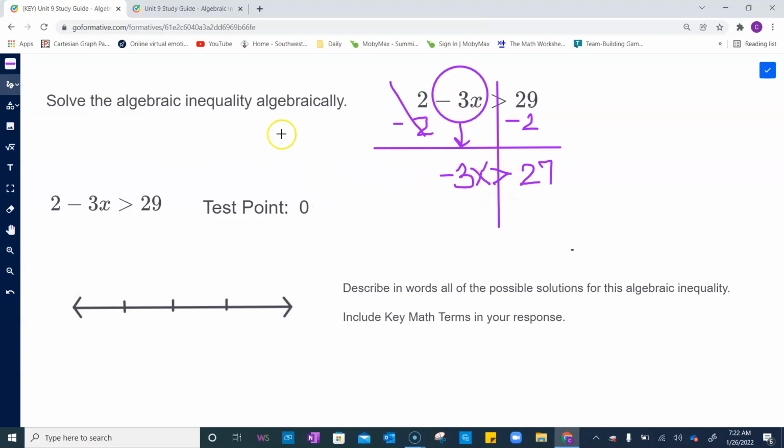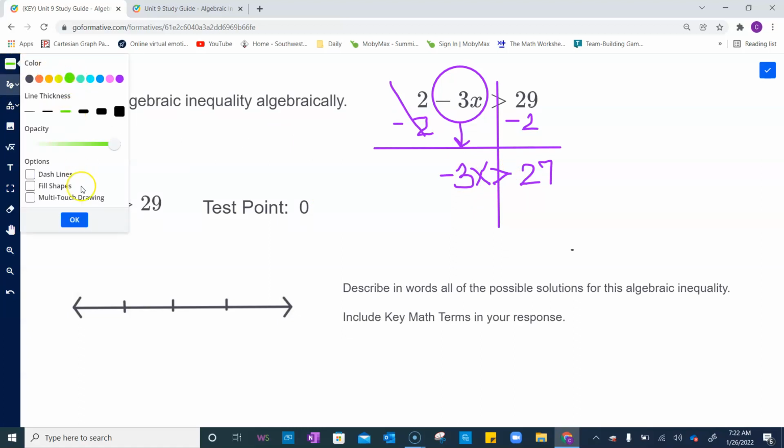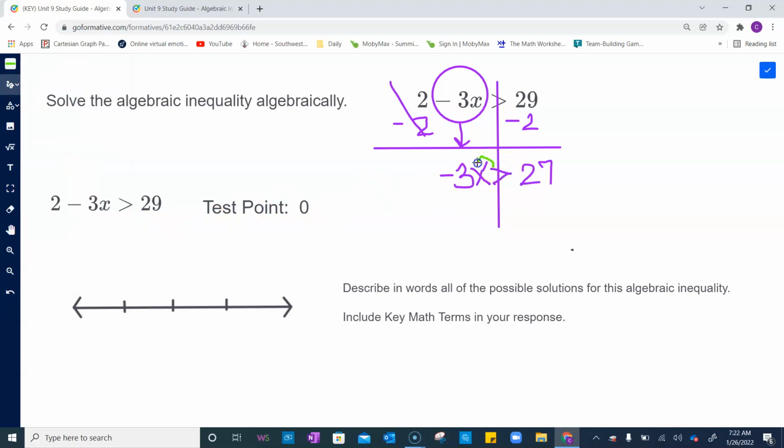Okay, now we need to get x by itself, so I'm going to circle that x term again. And I will circle just the x this time. And my coefficient is a negative coefficient. So since it's a negative coefficient, I'm going to divide both sides by a negative 3. That way, both my 3 and my negative cancel. 3 divided by 3 is 1, and a negative divided by a negative is a positive.